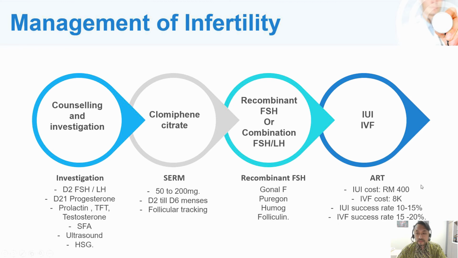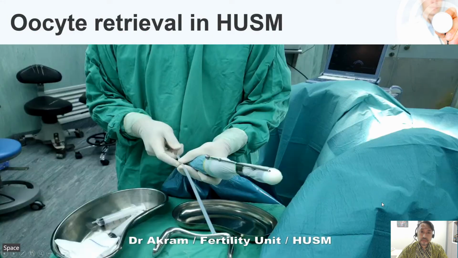IUI will cost around 400 ringgit, and IVF will cost around 8,000 ringgit. IUI success rate is around 10 to 15%, and IVF success rate is 15 to 20%. This can change over the years, and it differs between fertility centers.